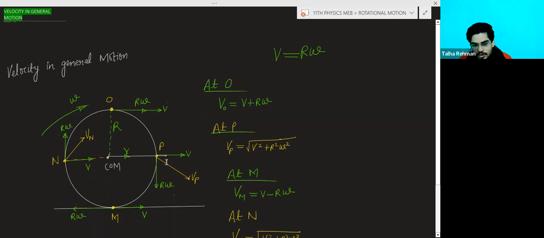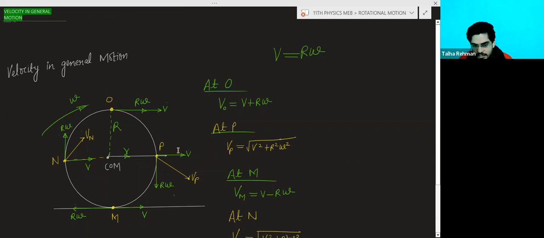So there is an angle of 90 degrees, because this is the center of mass, and the center of mass is the center of this disk also. If this velocity is coming from the center of the disk, then it will be along the radius, and radius and tangent are perpendicular.